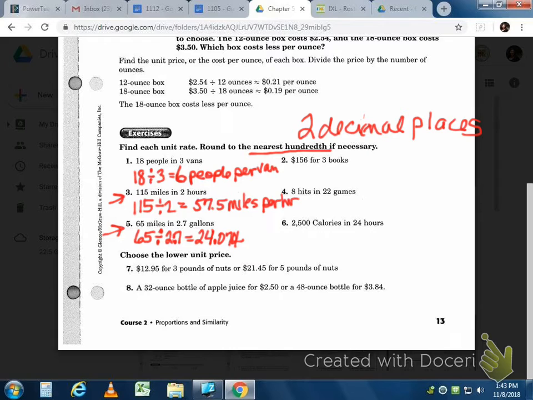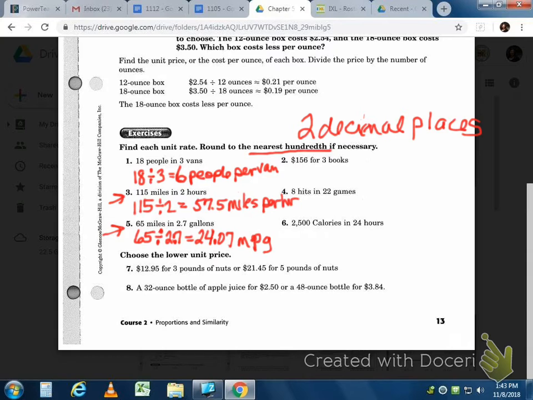But it says round to the nearest hundredth, so the 4 would stay the same. So 24.07, and then Jade, what's the label? Miles per gallon. MPG. Yep, MPG, definitely. I'm okay with those 2 abbreviations if you want to do MPH and MPG, okay? Because those are very commonly used.